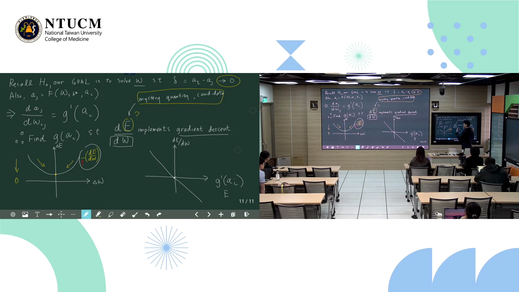But we first have to understand that he is trying to tell us that if we want this network to minimize the error, minimize delta, then we need some mysterious function, we don't know what it is yet, such that if we make this network change its weights according to changes in this function in a negative way, then this function's value will be minimized. That's the logic there.